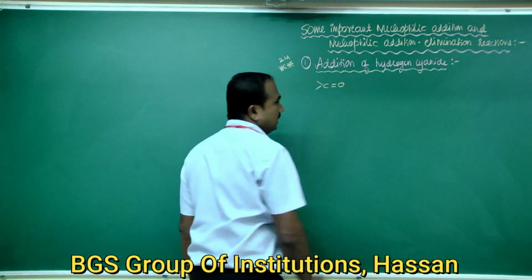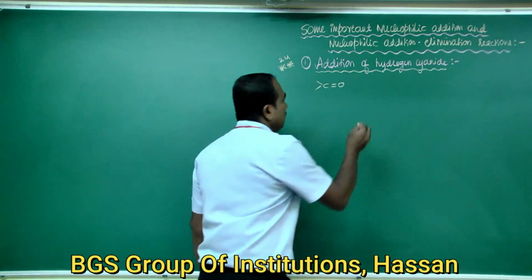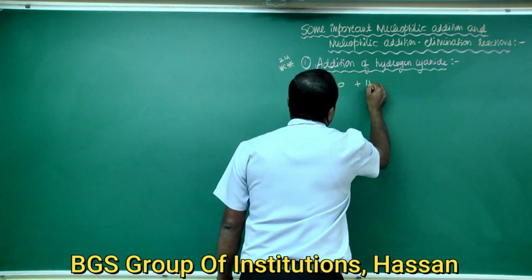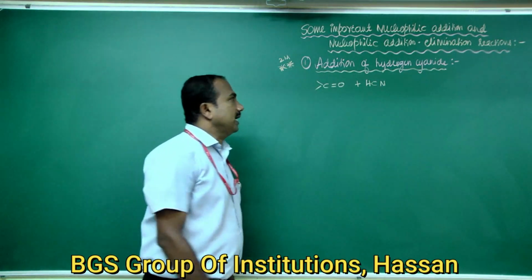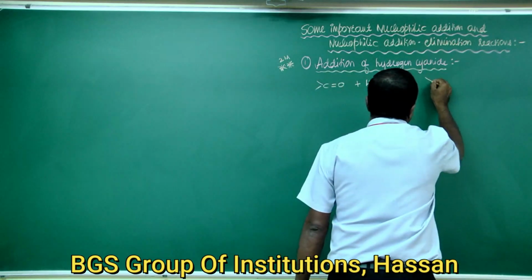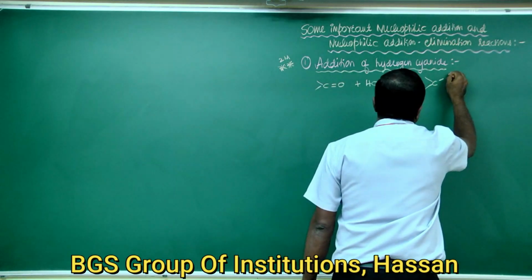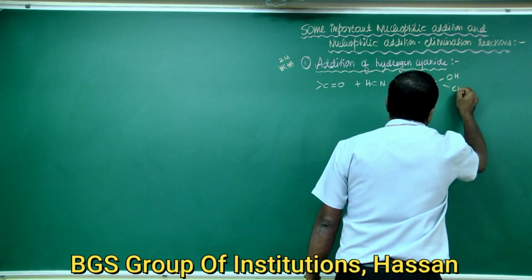Carbonyl compounds, C double bond O, whether aldehyde or ketone, react with hydrogen cyanide to form cyanohydrin, C single bond OH, single bond CN.